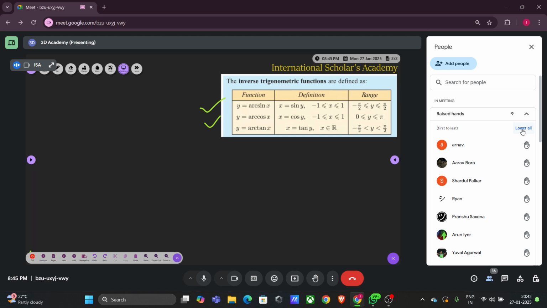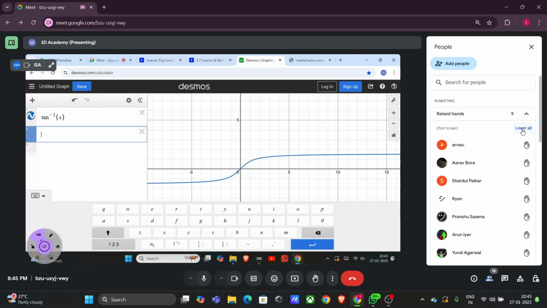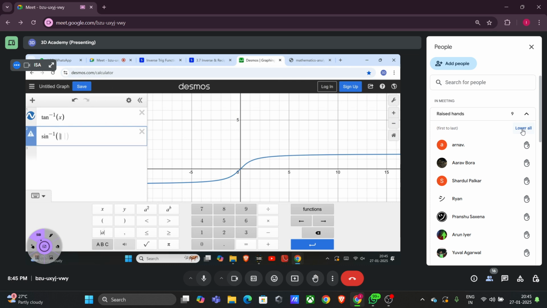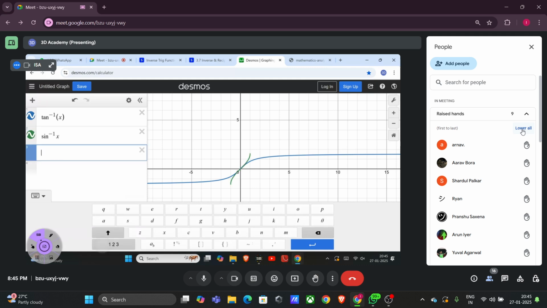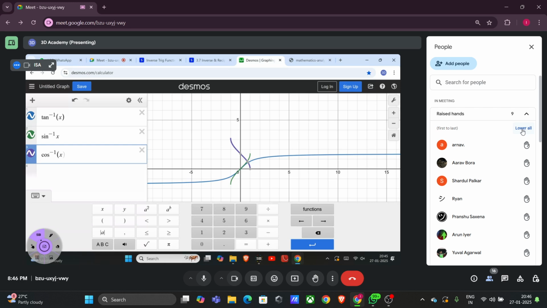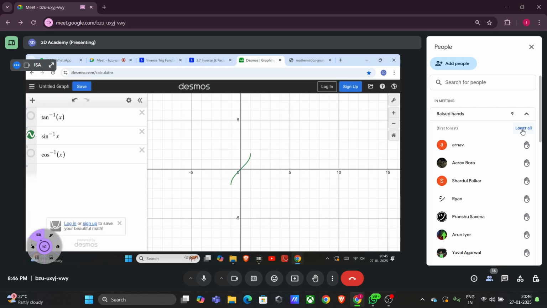Quickly, everyone will just draw the graphs. Okay, guys, quickly draw the graph of sine inverse x.